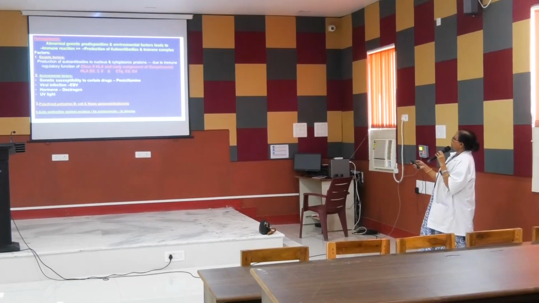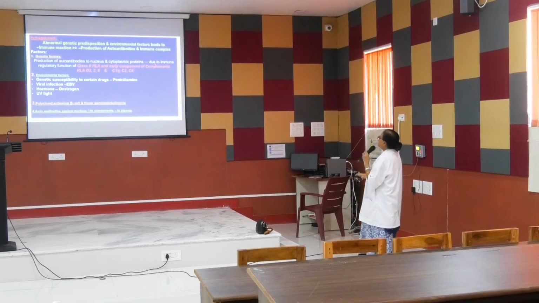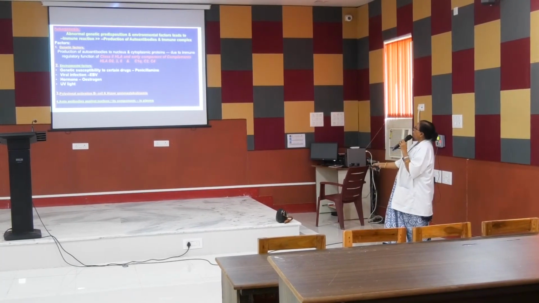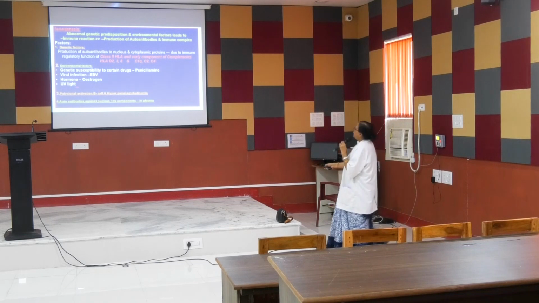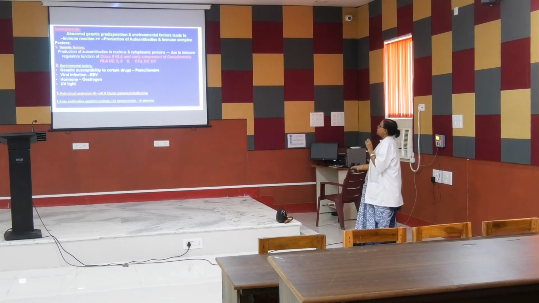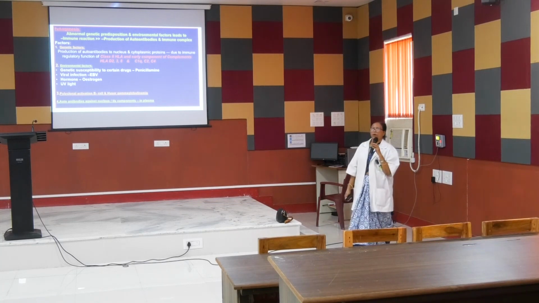Pathogenesis involves the genetic level, the HLA system and antibodies against these, or environmental factors such as viral infection, hormones or UV light, and B cell and T cell activation with autoantibody formation.